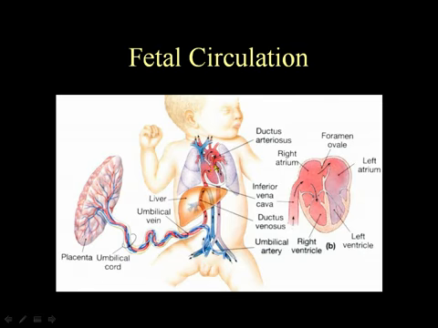Most of the blood crosses the foramen ovale to the left side, to the left ventricle, and then to the ascending aorta. Part of it goes to the right ventricle and then to the pulmonary artery, and then through the ductus arteriosus to the rest of the body. The deoxygenated blood from the fetus comes through the umbilical artery and then back to the placenta for oxygenation.